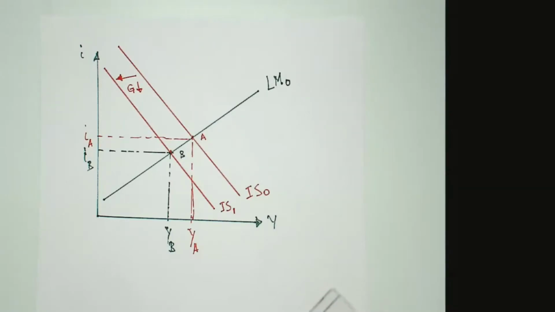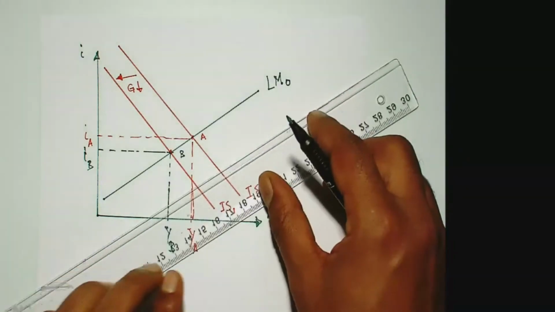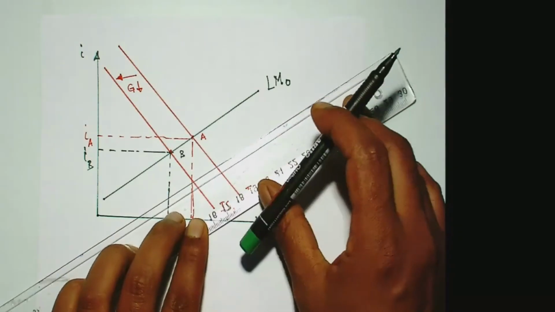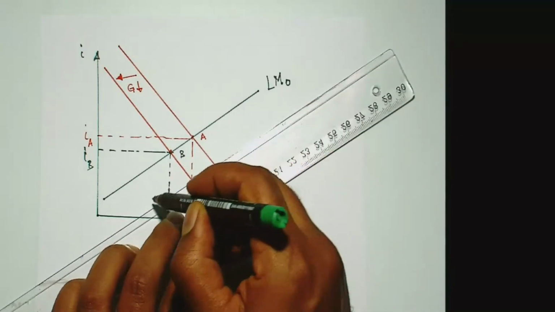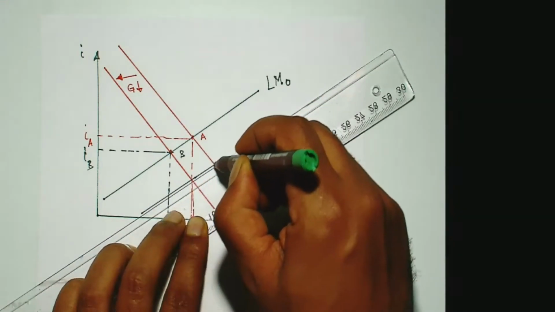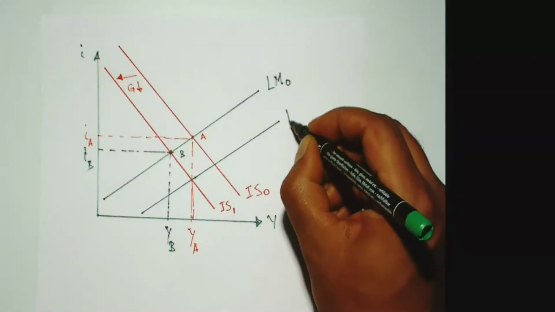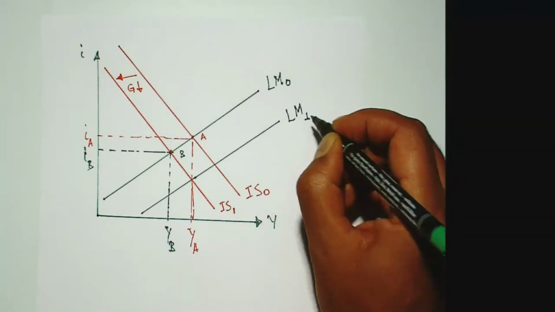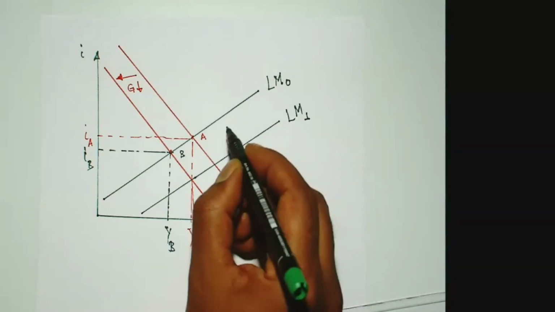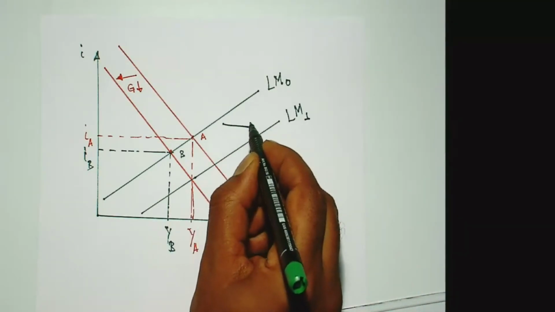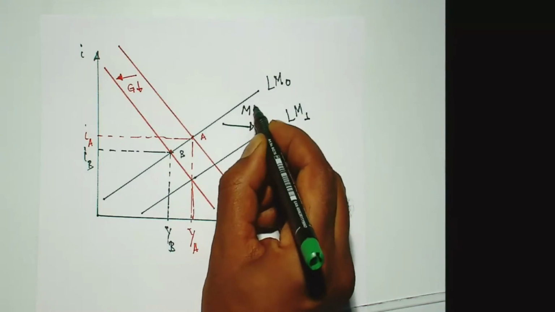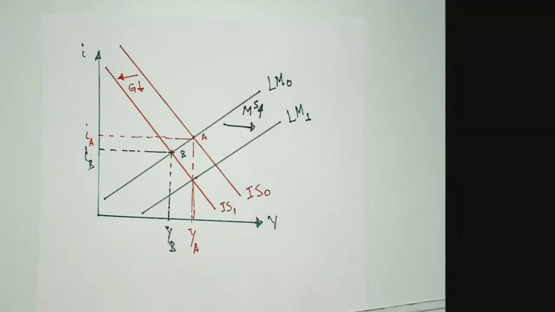So in this diagram, we would draw our LM curve to reflect the increase in money supply. Our new LM1 has a rightward shift, due to the increase in money supply.